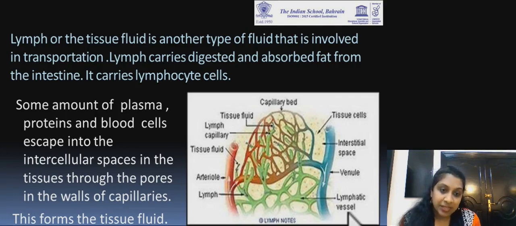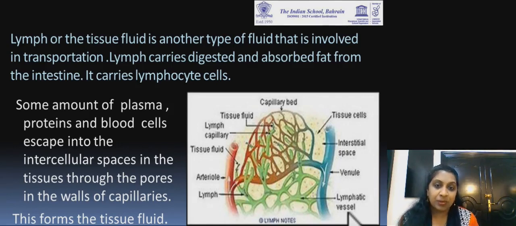So before getting into that topic, I would like to let you know how lymph flows in the human body. As the lymph reaches the intracellular spaces, which are found in the tissues of the organs in the human body, the fluid goes into the lymphatic capillaries from the intracellular spaces and joins the larger lymph vessels, which later join the larger lymph veins.